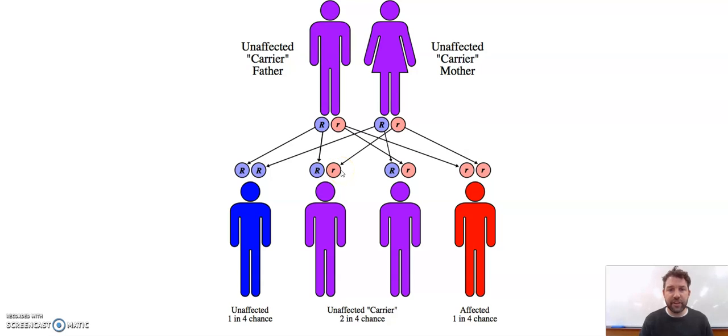Dominant, recessive: carrier, but healthy. 50% chance of being a carrier, but still healthy. And then a 25% chance of inheriting both of the recessive genes, and therefore they are affected and have cystic fibrosis.